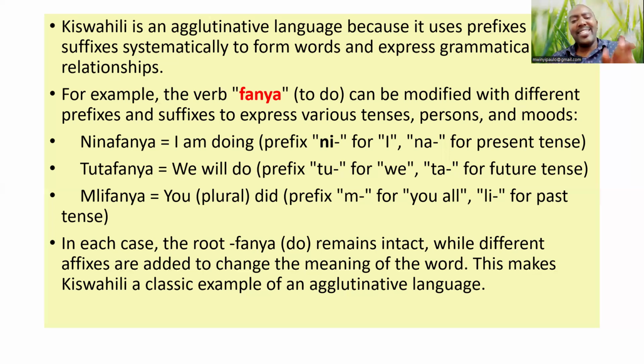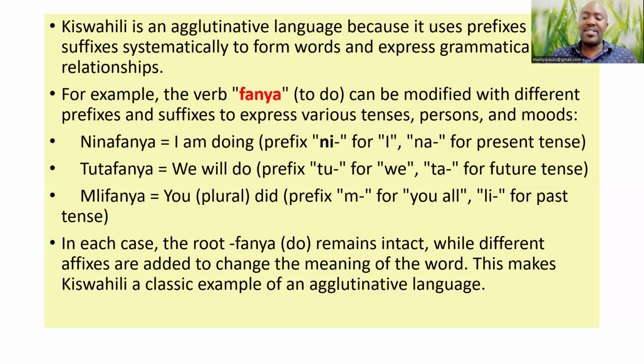Now, in each case, the root fanya, which means do, has remained intact, while different affixes are added to change the meaning of the word. So this makes Kiswahili a classic example of an agglutinative language.